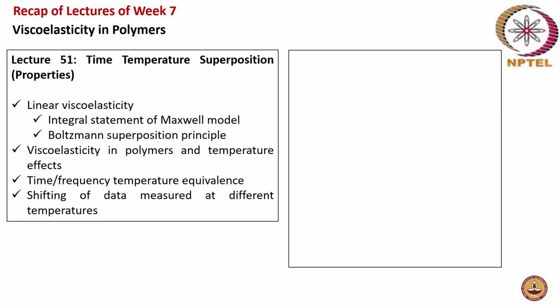Okay, where the Boltzmann superposition principle was discussed, and then viscoelasticity in polymers and temperature effects were all discussed, and time and temperature equivalence was discussed, and this was followed by how you shift data when you have a set of data for different time and temperatures. You can make master curves, right? Those concepts were discussed based on the shift factor, right?